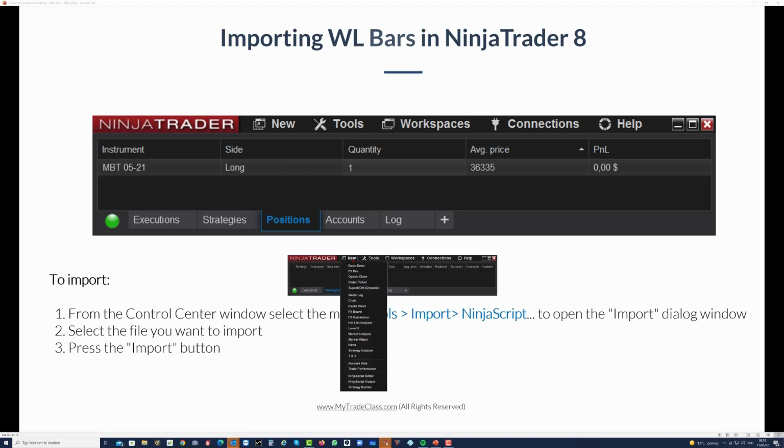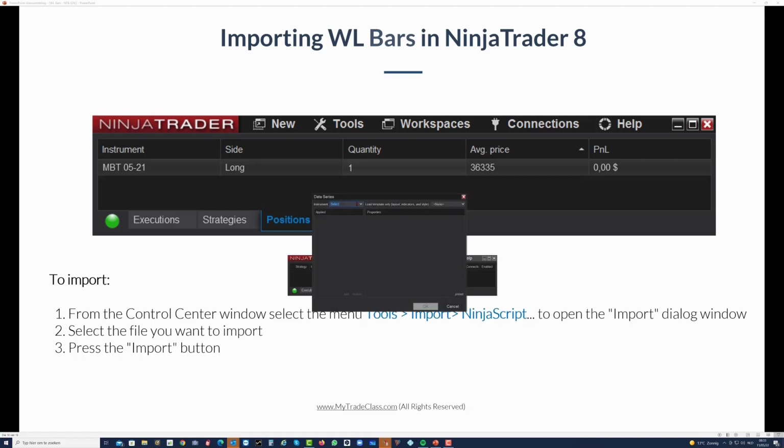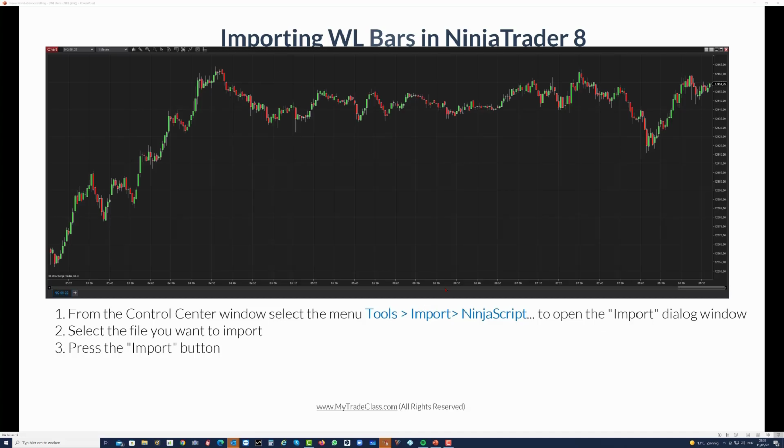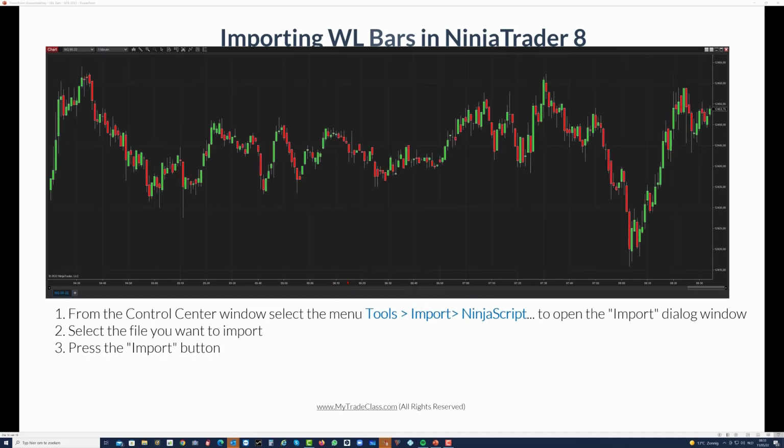Then I will explain you something else. If you afterwards open a chart, let's say we open a chart on the Nasdaq, and just to make it very simple for you, on 1 minute. So here is a Nasdaq 1 minute.